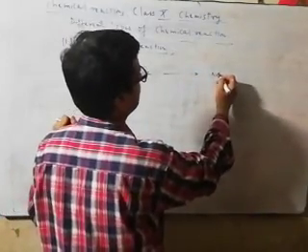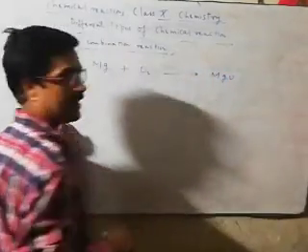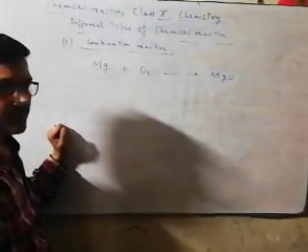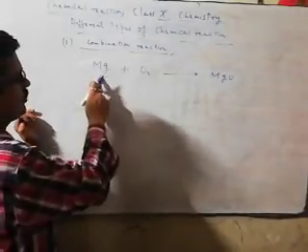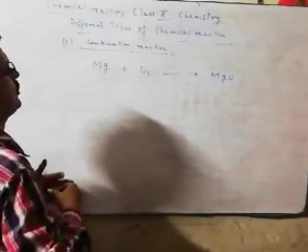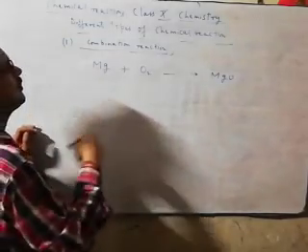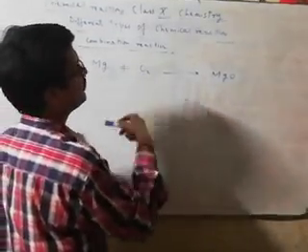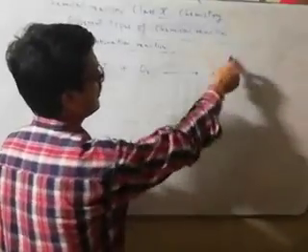We get magnesium oxide, MgO. So here one element magnesium and another, oxygen gas, combine to give one compound, MgO.